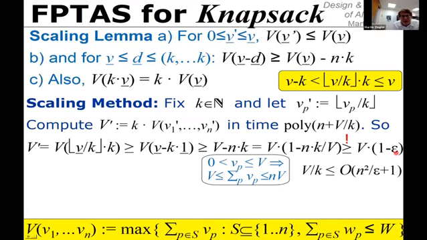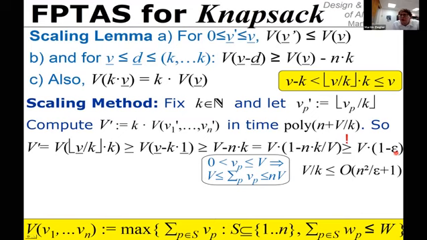And unlike with Christophides' algorithm, which has a fixed approximation ratio, here the approximation ratio is given by the user. The user says, I want approximation ratio 1 minus epsilon. This is the value of epsilon. Here you go, algorithm, deal with it.